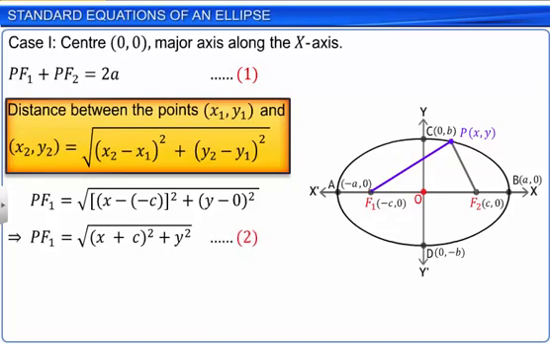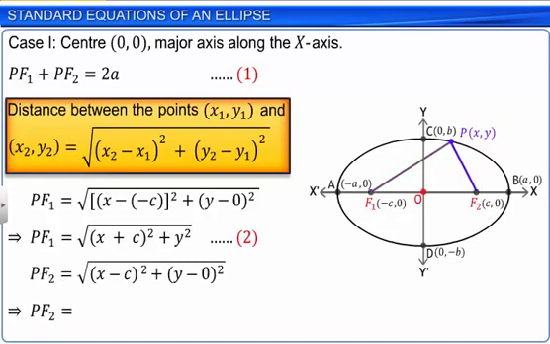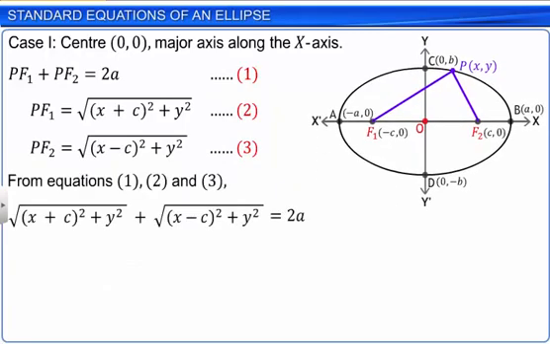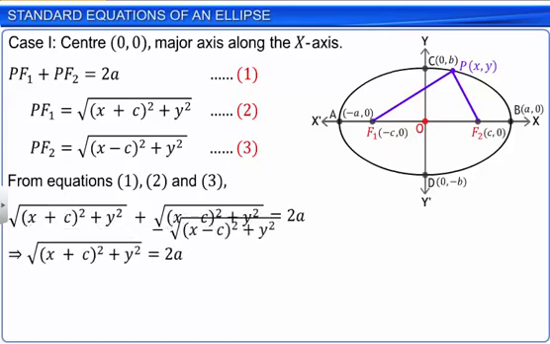Similarly, using the distance formula, we get distance PF2 is equal to under root x minus c whole squared plus y squared. Let us substitute the values of PF1 and PF2 from equations 2 and 3 in equation 1. Rearrange the equation. Square both the sides of the equation.